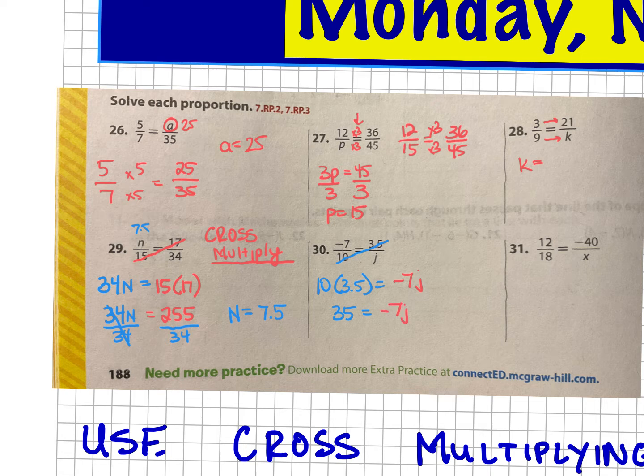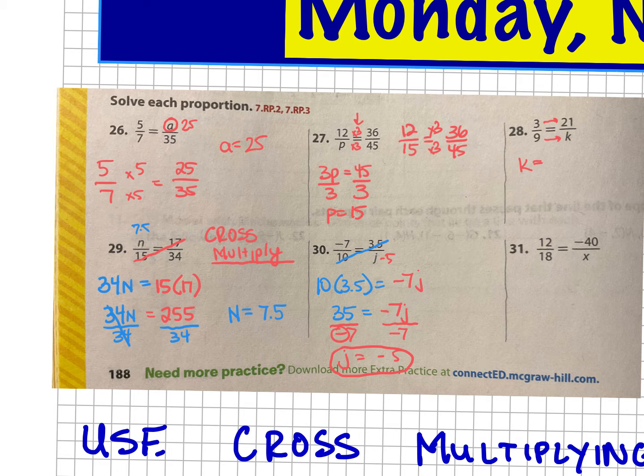I'm going to divide by -7 because I just want j by itself. And j equals... I know 35 divided by 7 is 5, but we've got this negative, so it's got to remain negative. j equals -5. So -5 down there keeps this: -7 over 10 is the same thing as 3.5 over -5.